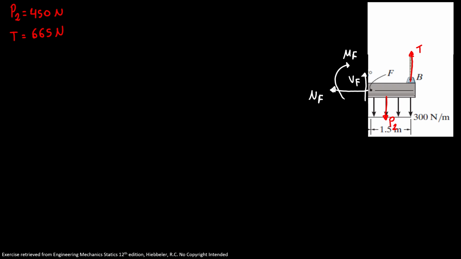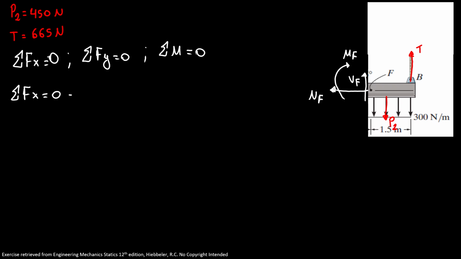Now we're going to do the same approach: the sum of forces in X is equal to 0, the sum of forces in Y is equal to 0, and the sum of moments is equal to 0. Using the sum of forces in X, the normal force at F is equal to 0 because we don't have any other force in this section cut. Now the sum of forces in Y is equal to 0.